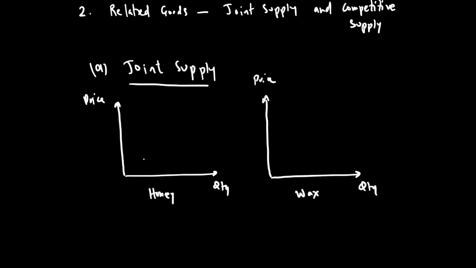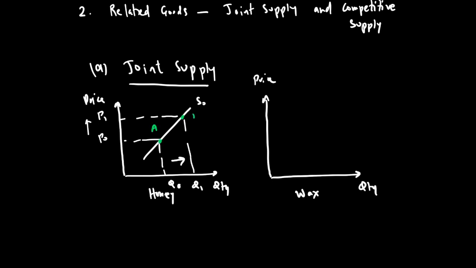If for some reason there is more production of honey, like suddenly people are demanding more bees honey, and the firms are producing more because of a better price due to higher demand, how will that affect the wax market?